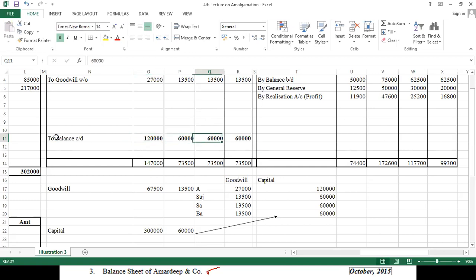So this is what we have to take to the new balance sheet of Amardeep company.